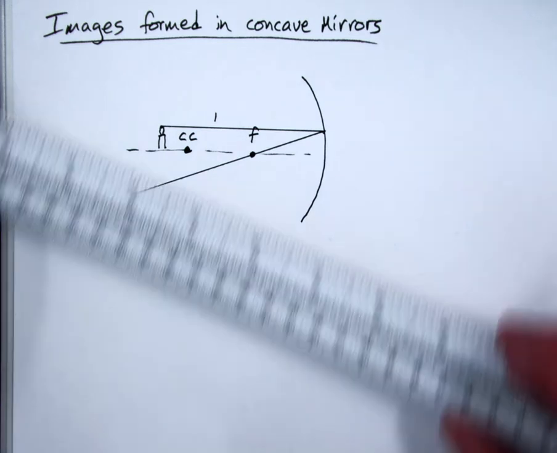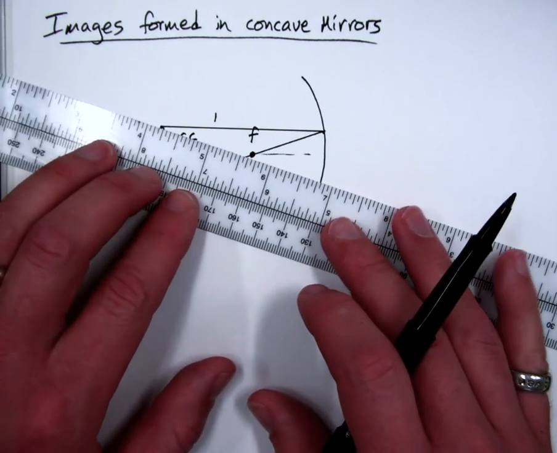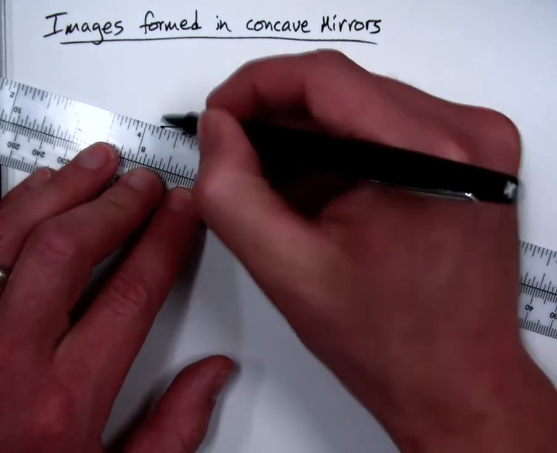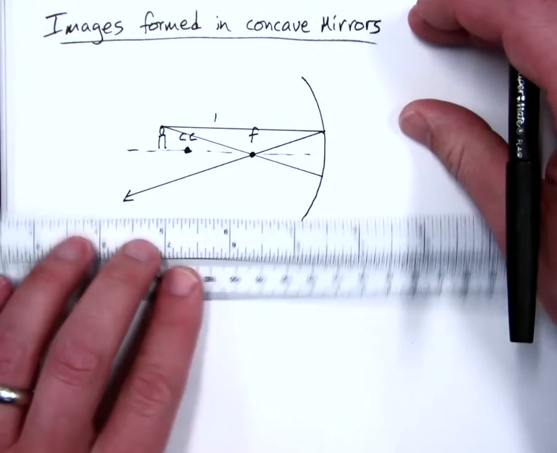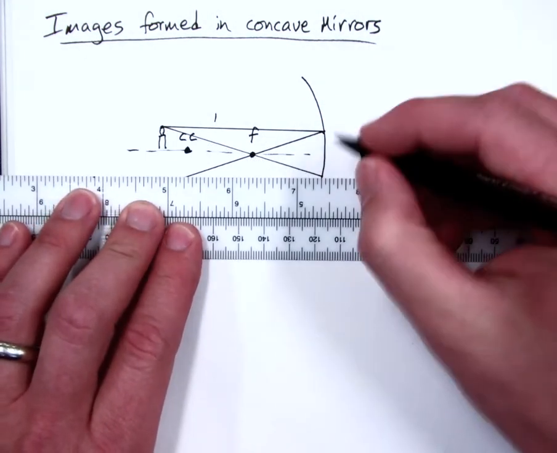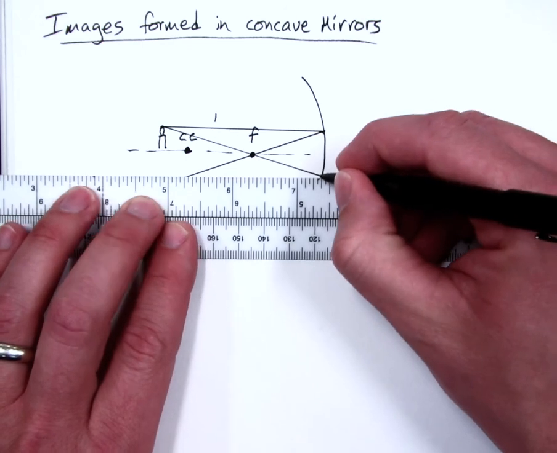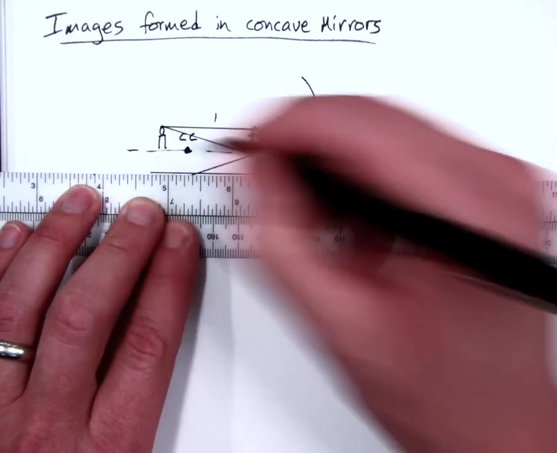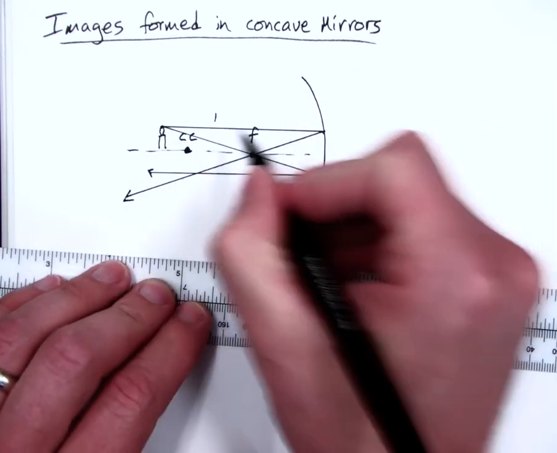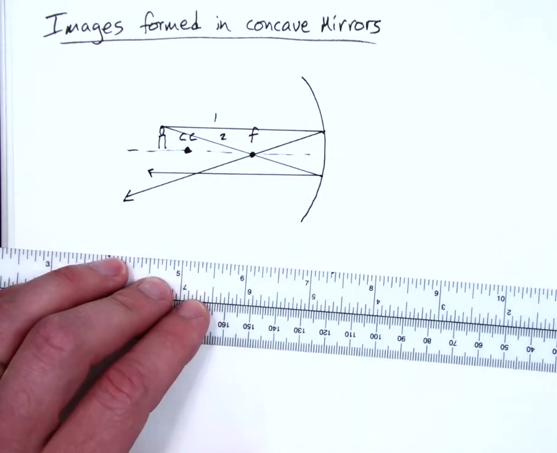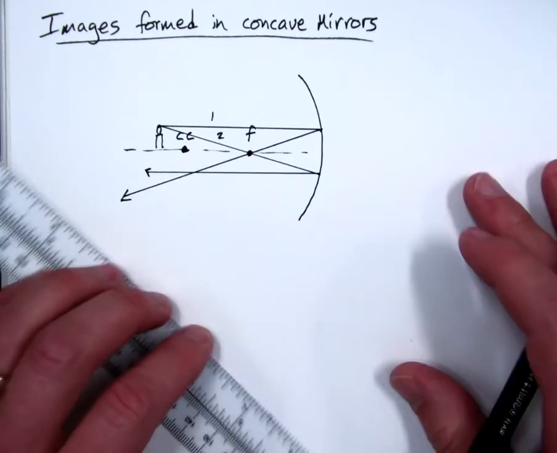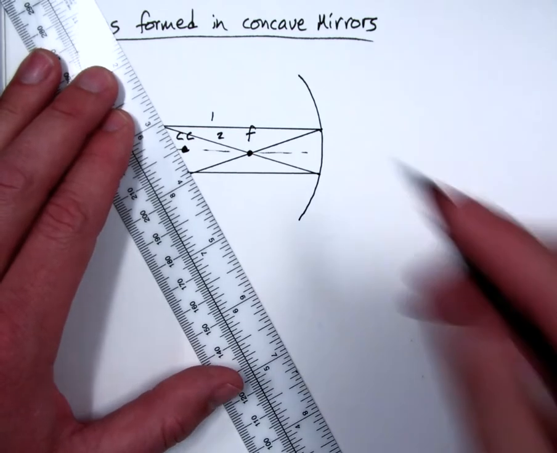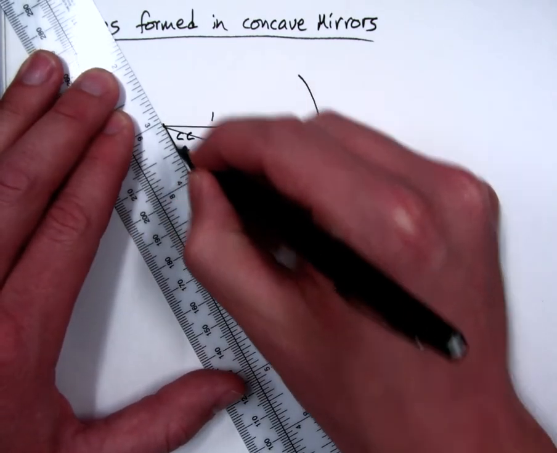But if we take the opposite of that, if it comes in through the focal point, it should return parallel to the principal axis. And I'm going to call that one ray 2. And finally, we don't really need any more, but if we want to draw a third, this one should go through the center of curvature.